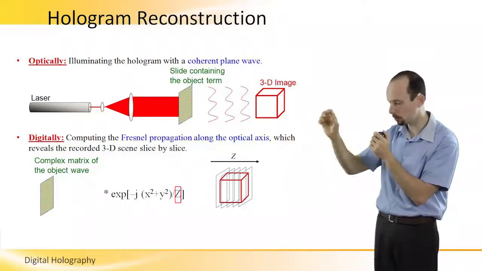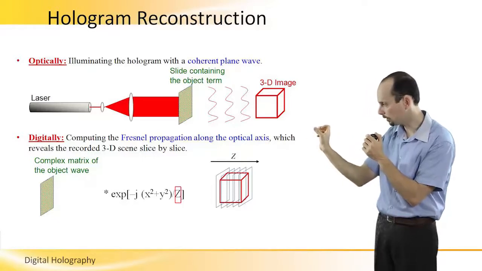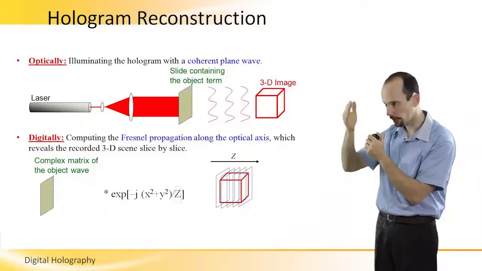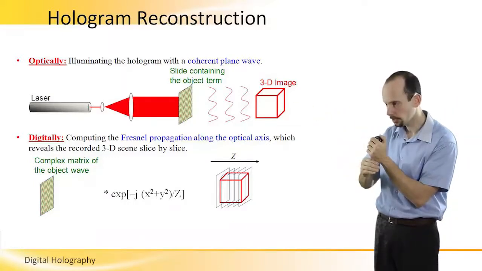So each time I'm convolving it with a different quadratic phase function and changing the z, and then I can propagate inside the 3D scene.